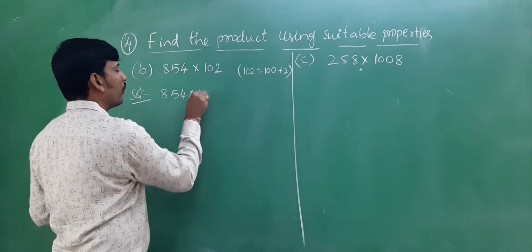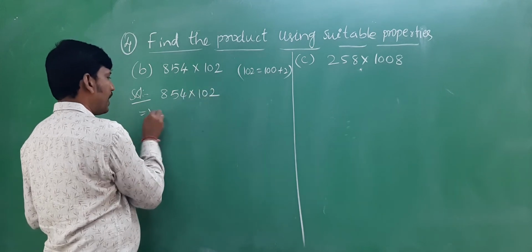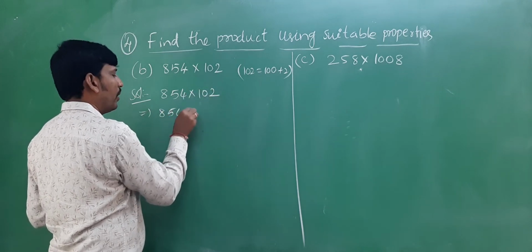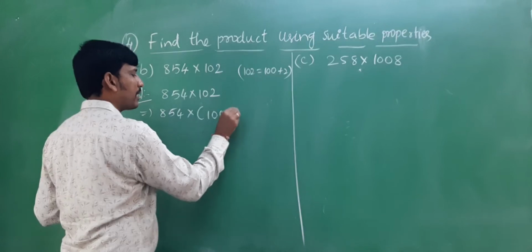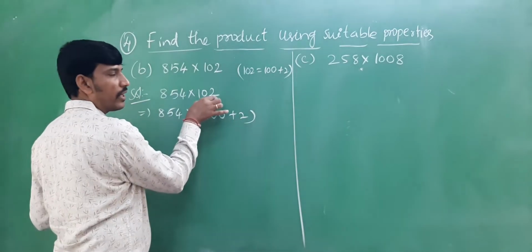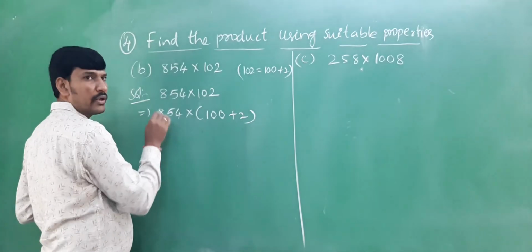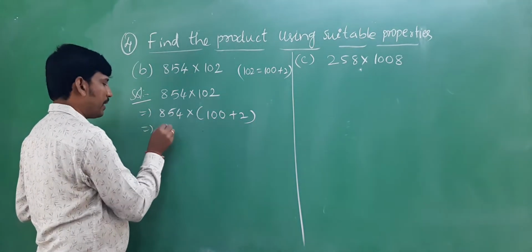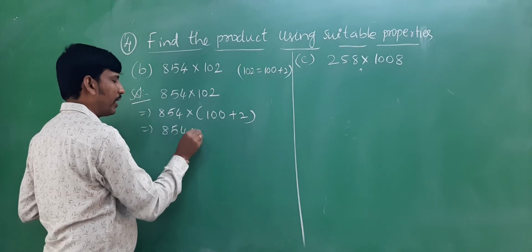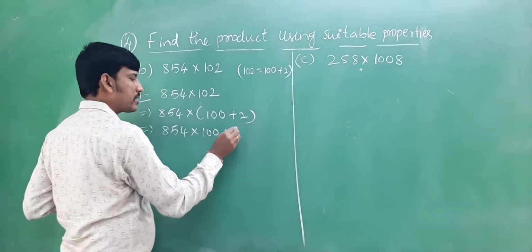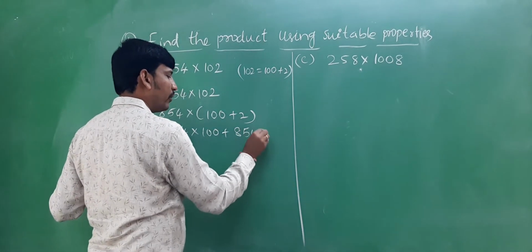854 into 102, which implies 854 into 100 plus 2. Just in the place of 102, I am writing 100 plus 2. Then you have to distribute the value, which implies 854 into 100 plus 854 into 2.